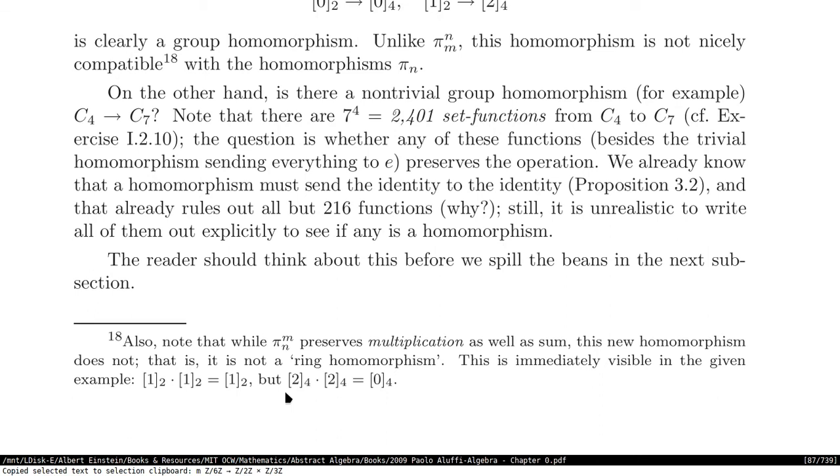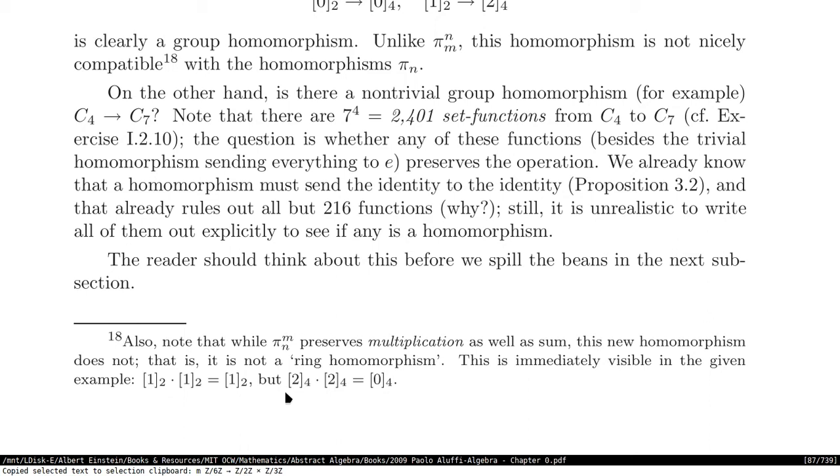Think about it. You have to find out on what conditions you can or cannot have this homomorphism. You know that the image is going to be a subgroup of C7.